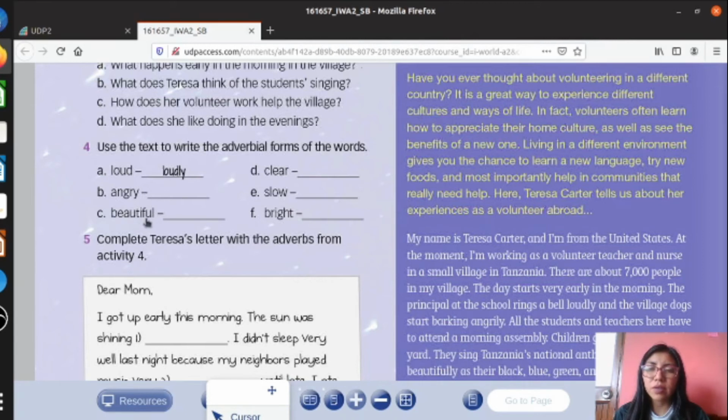En este caso tengo que hacerle doble a la L. Beautifully, ok. Clear, clearly. Slow, slowly. Breathe, breathly, ok. So that is the way that you have to convert these words into adverbs, ok.